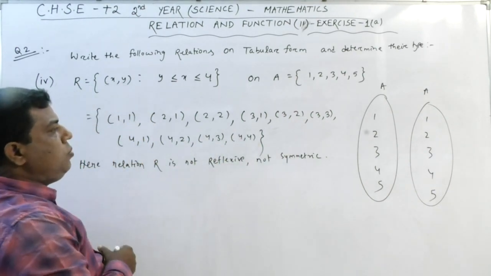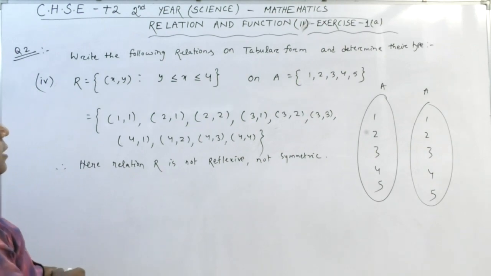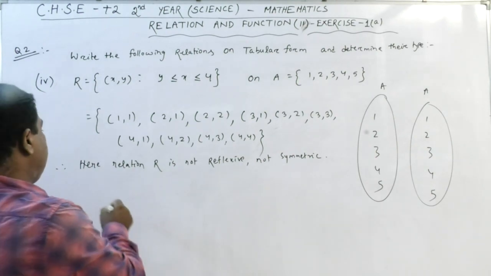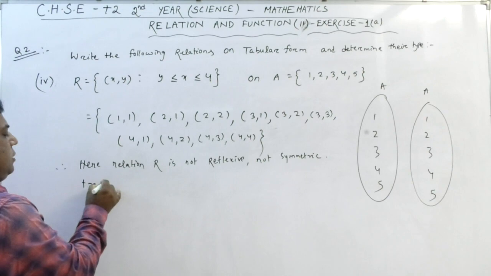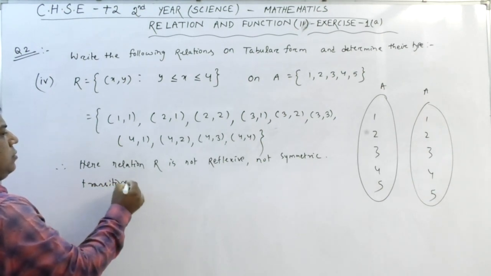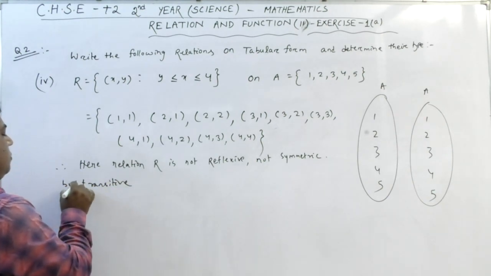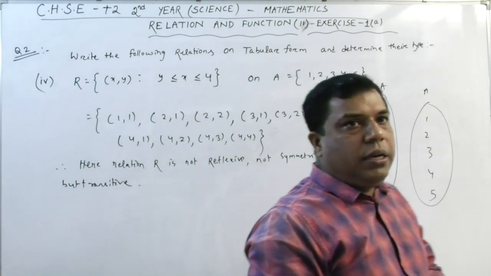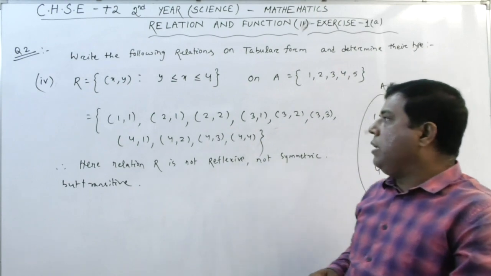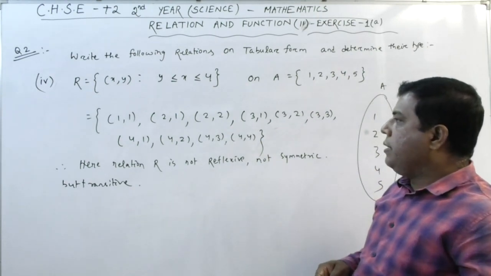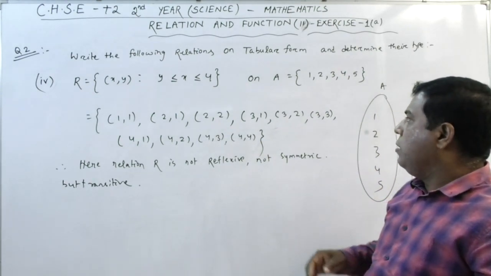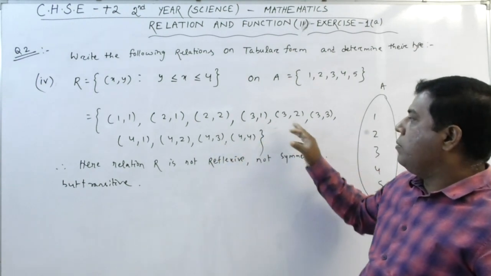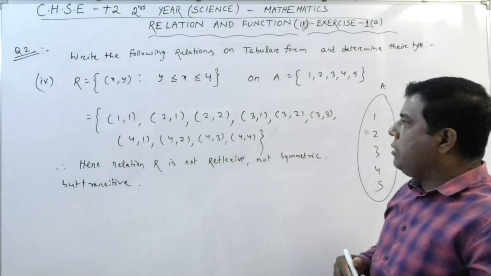Okay. So in this way you can say what type of relation it is. It is transitive in nature. So this relation is transitive, as we can observe that all the required pairs are present.